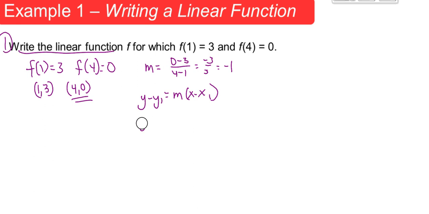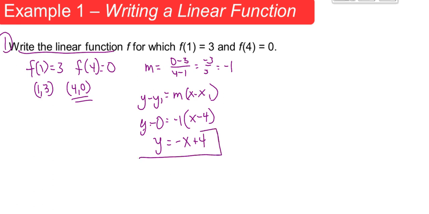Y minus 0 equals m, which is negative 1, times (x minus 4). And then y equals, when I distribute that, negative 1x, or negative x, plus 4. And so there's the equation of the line.